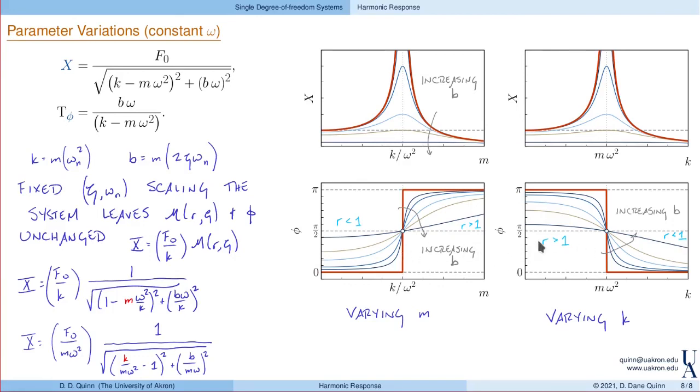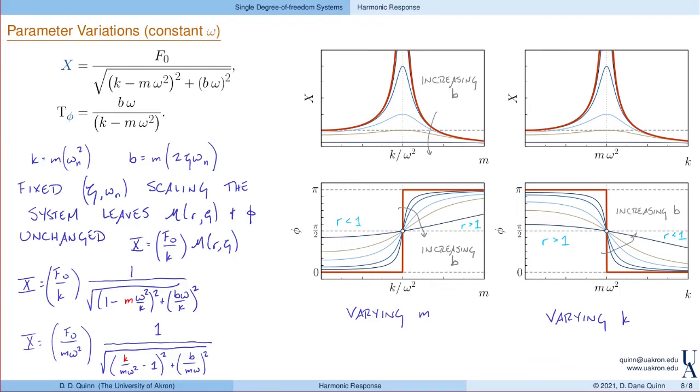So these phase curves for varying mass and stiffness are kind of opposite of one another. Low values of stiffness indicate high values of r. Low values of mass indicate low values of r.